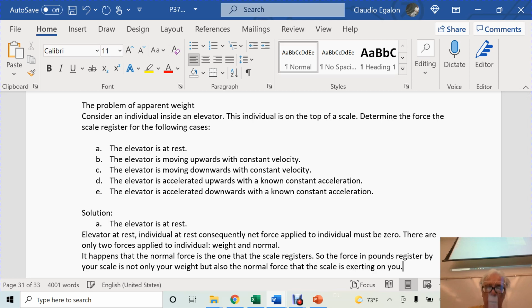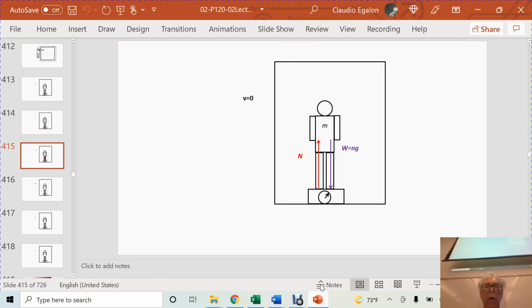And by the way, because you are interacting with the scale, you are also applying a normal force on the scale downwards. The pair of action and reaction. This weight here is actually a pair of action and reaction at the center of the Earth. But this normal here is a pair of action and reaction right here where the scale is located.